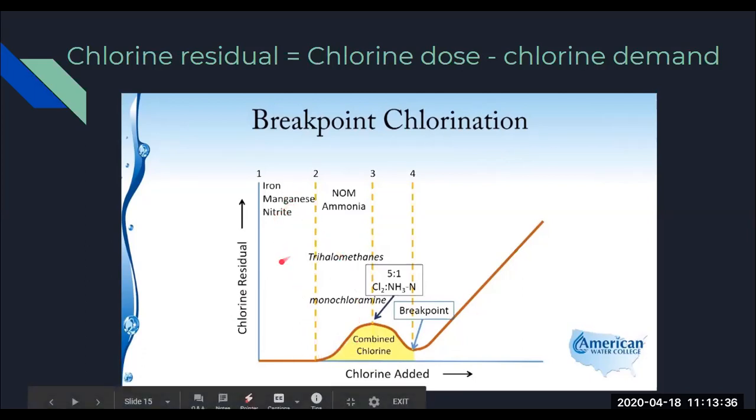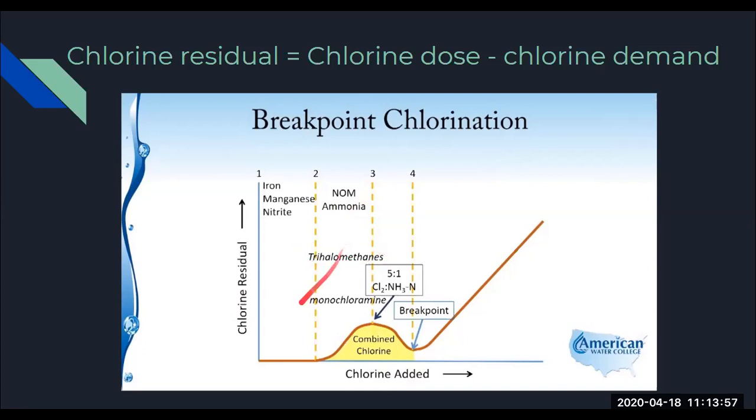So here we have a lot of reaction taking place: reaction with iron, manganese, nitrites. Then reaction with organic material, creating non-ammonia byproducts; trihalomethane is also an important byproduct, and monochloramine. These we get as a result of reaction with organic materials.